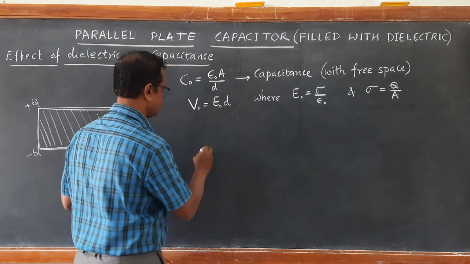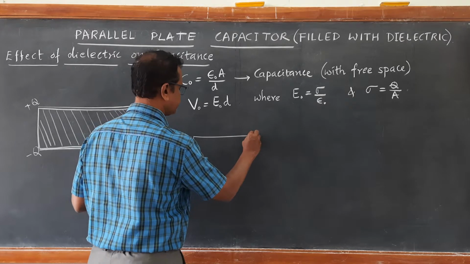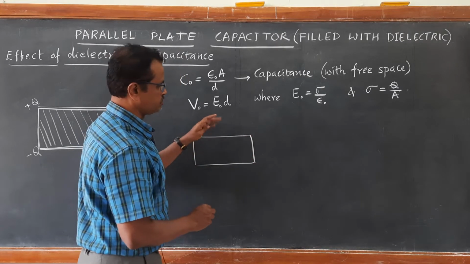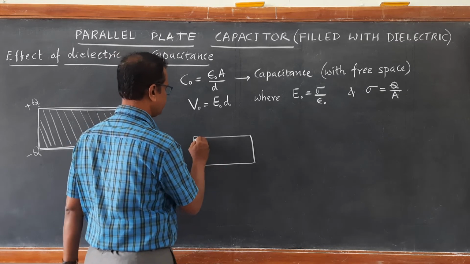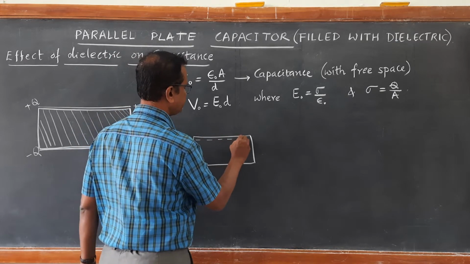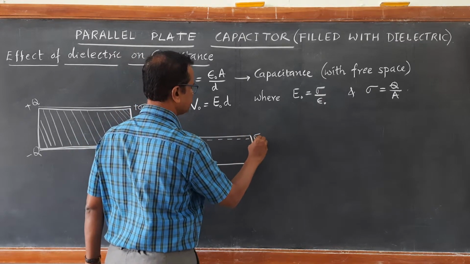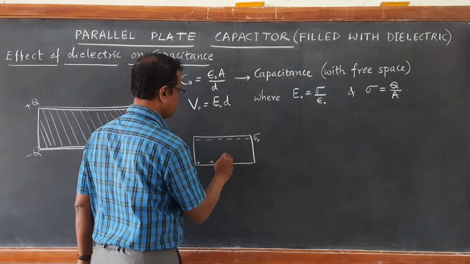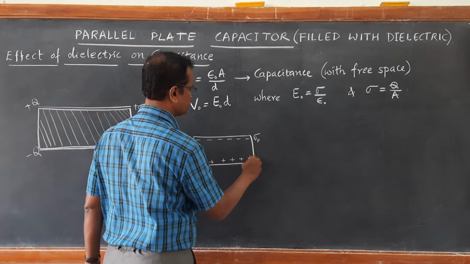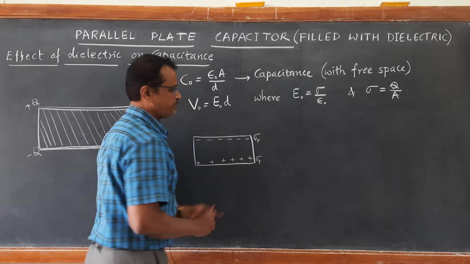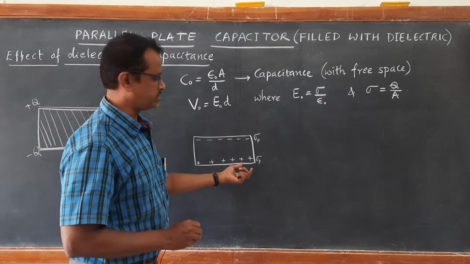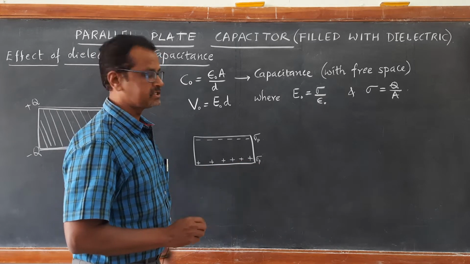I am drawing it separately. If this is kept in the space between the two charged plates, the upper side will be polarized with minus sigma p and the lower side with the same amount of positive charge density, plus sigma p, where p represents the charge density due to polarization.